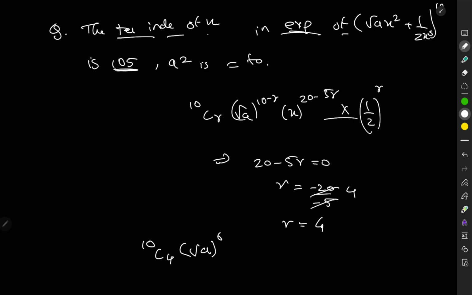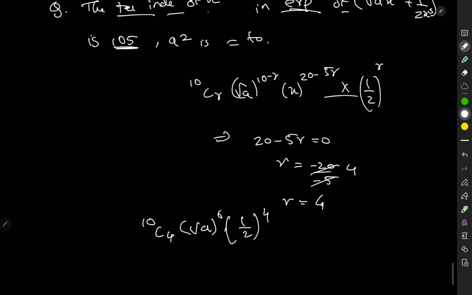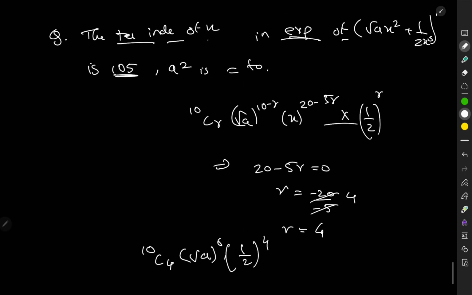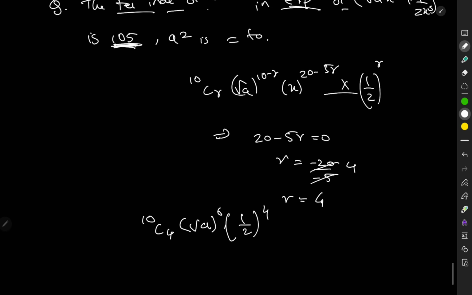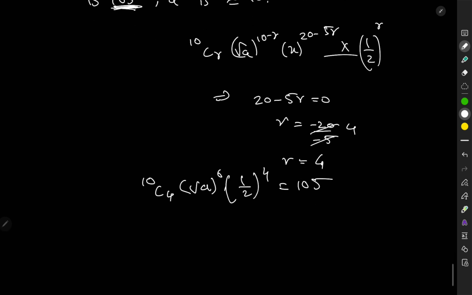And probably that term will involve x, so they should have given that the coefficient is equal to 105. Fine. So I can equate it to 105 and you can get the value of a, a linear equation in one variable. I think it's not too tough to solve.